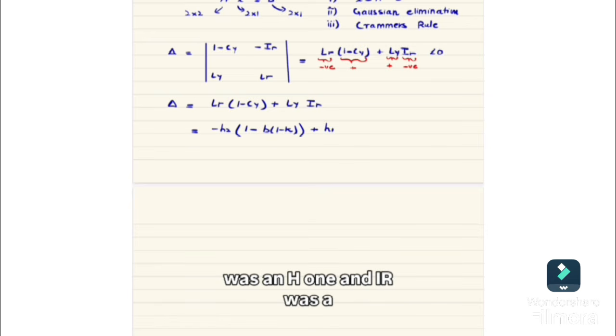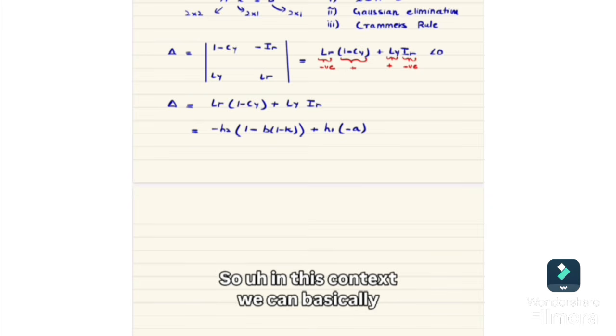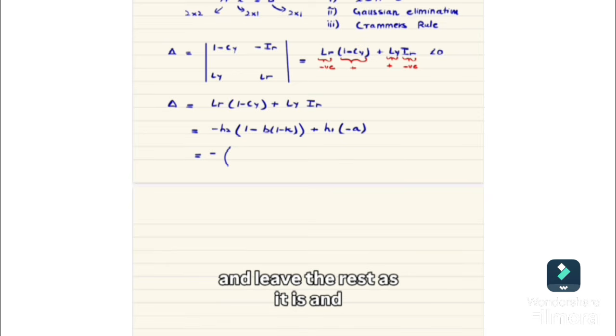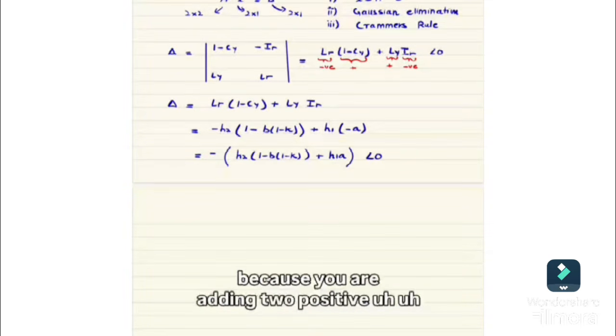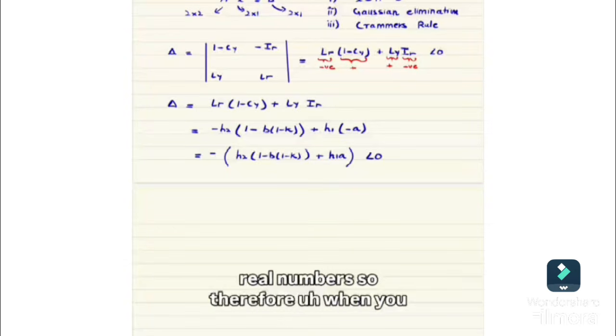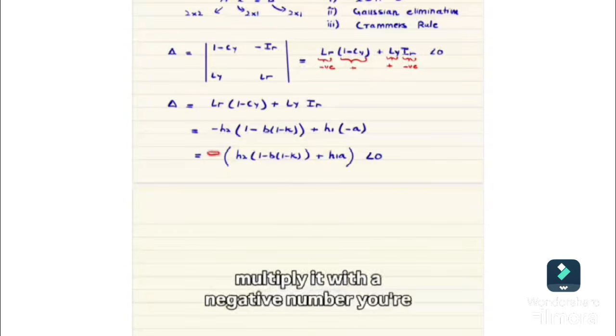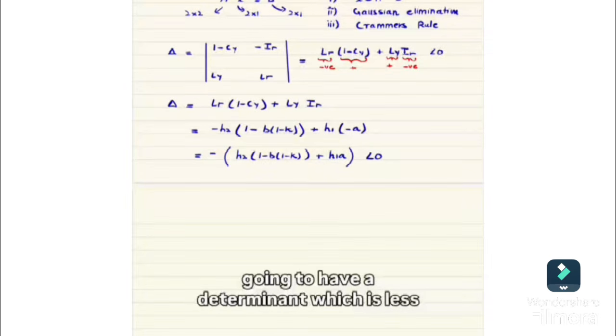In this context, we can show that you can take the minus out and leave the rest as it is, and you can show that this is negative because you are adding two positive real numbers. So when you multiply it with a negative number, you're going to have a determinant which is less than 0.